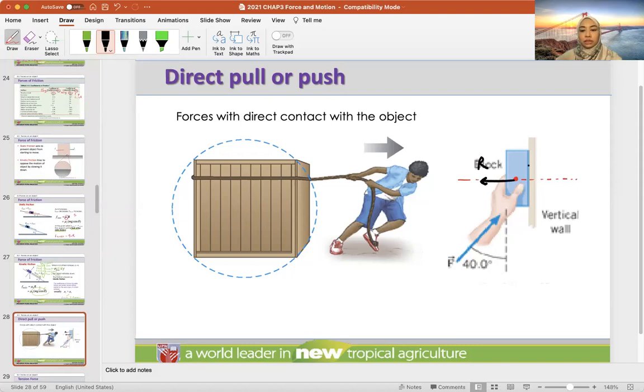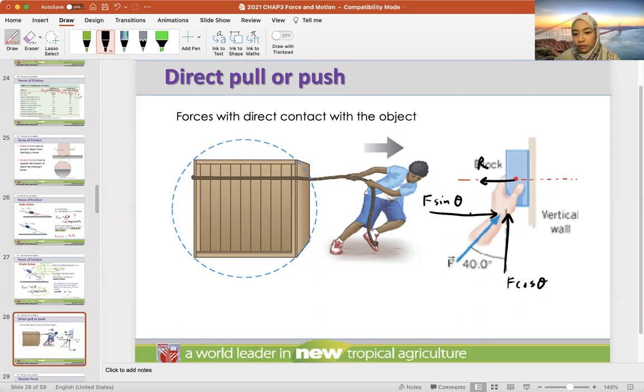So if we wanted to know the forces that is parallel or perpendicular to the reaction force, kita kena resolve. Macam mana nak resolve? Macam biasalah. So this would be F cosine theta, and this would be F sine theta. F in this case is, we don't know, maybe it's 10 Newton. So 10 Newton sine 40, 10 Newton cosine 40.